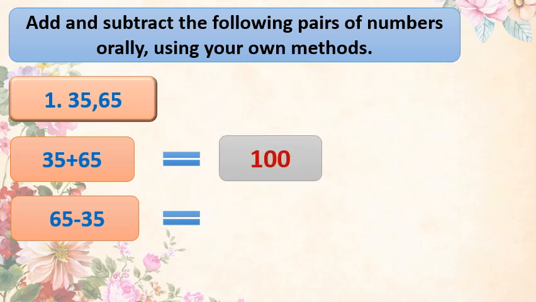Got this? And in the second, 65, again 3 fingers you can take. 65 minus 10 is 55, 45, 35. And again 5 you have to subtract, that means 30. Isn't it? Am I fast? You pause the video and do it, then start the video again and verify my answer with your answer. Okay.